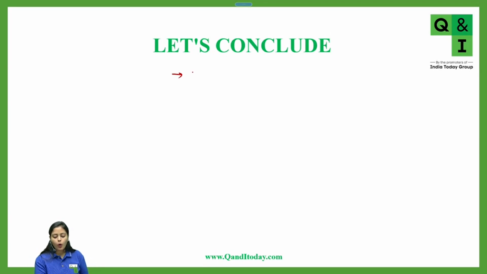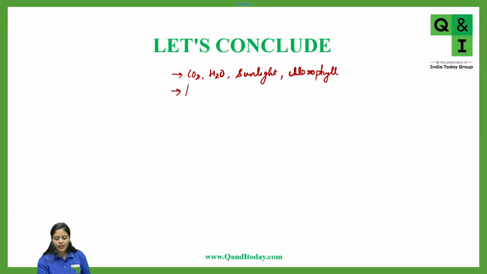So now tell me, what are the raw materials which are required for photosynthesis? Carbon dioxide, water, sunlight, and chlorophyll. Very good. The two reactions of photosynthesis. Light reaction and dark reaction.